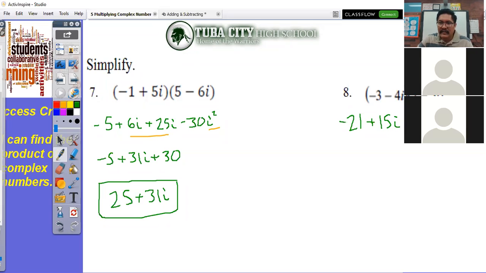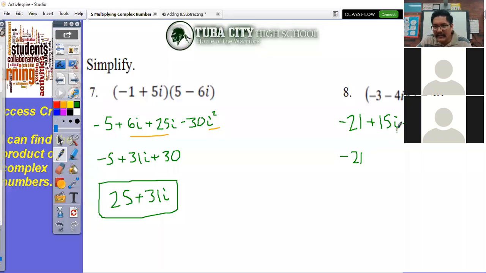Inside numbers, negative 4 times 7, so that'd be negative 28i. And last numbers, negative times negative, so this is going to be positive 20i squared. Oh boy, looks like we got some stuff to put together.